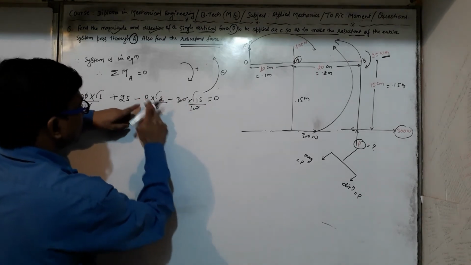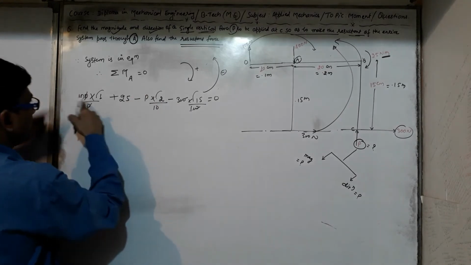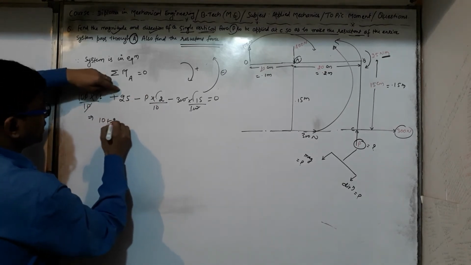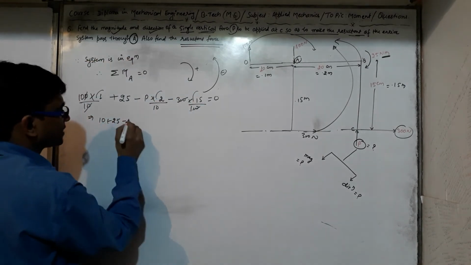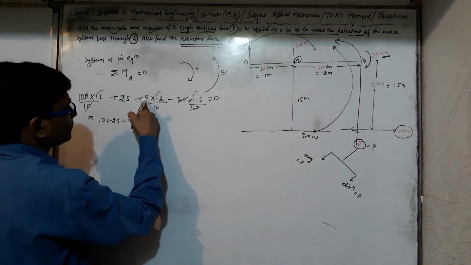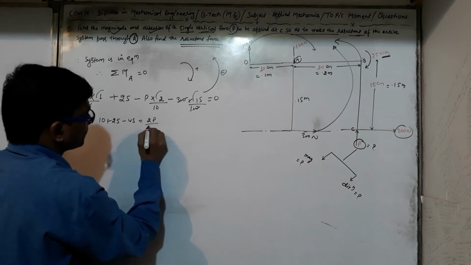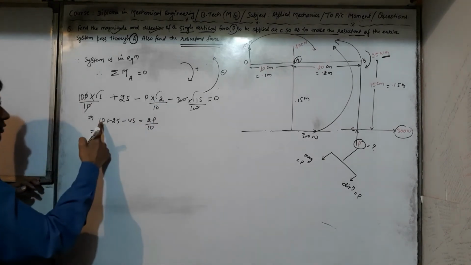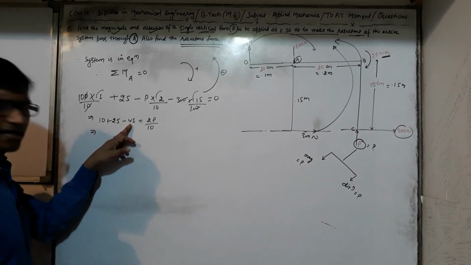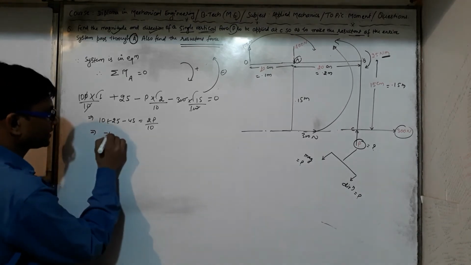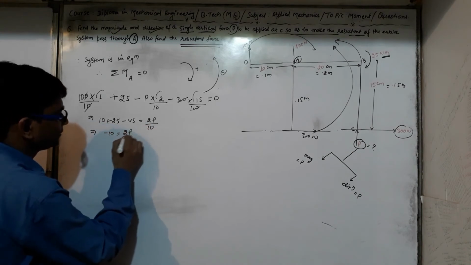So 2 upon 5 P, it means what? 10 plus 25 minus 3 into 15, that is 45, minus 45, gives 2P divided by 10. Okay, now 10 plus 25 is 35, and minus 45 gives minus 10, is equal to 2P divided by 10.